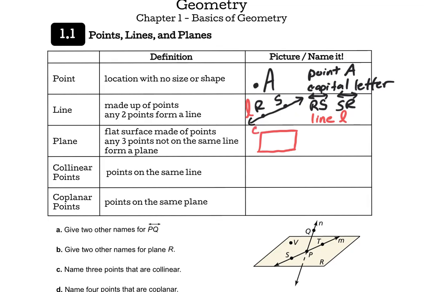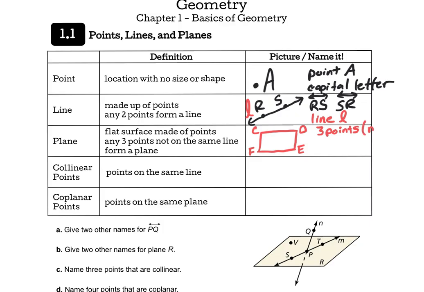Once again, the letters that we use don't matter. So here I have C, D, E, and F. The order I put them in, the letters I use don't really matter, okay? When I name this, there's a couple different ways to name it. We have to use 3 points to name this plane.